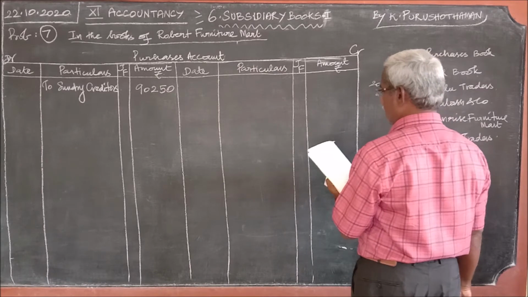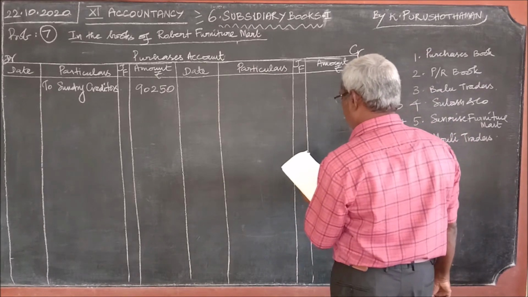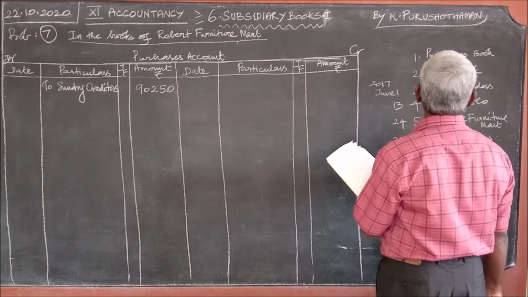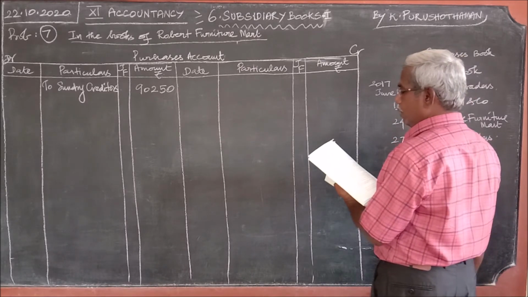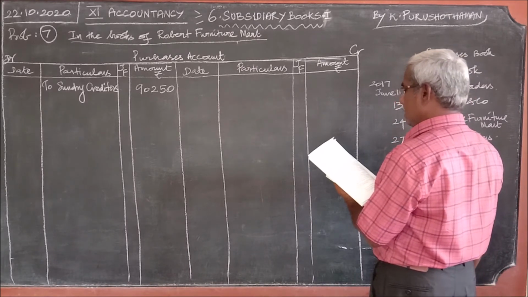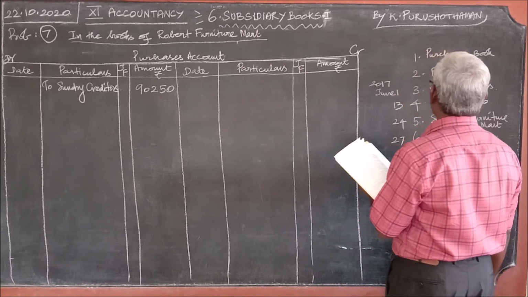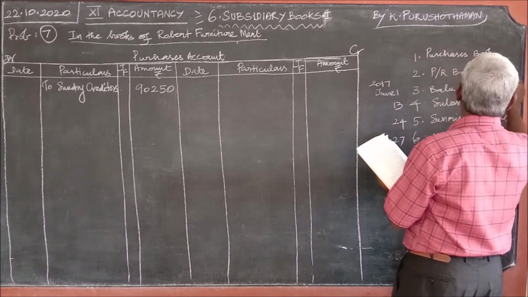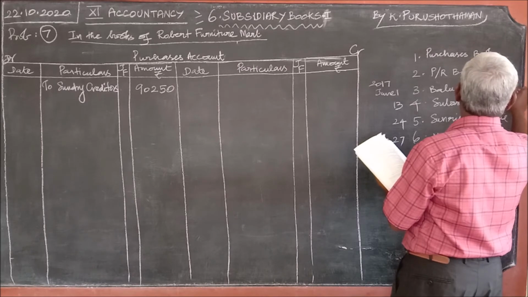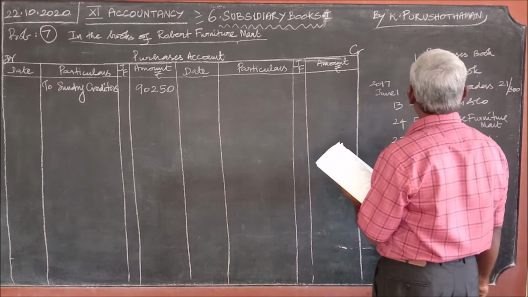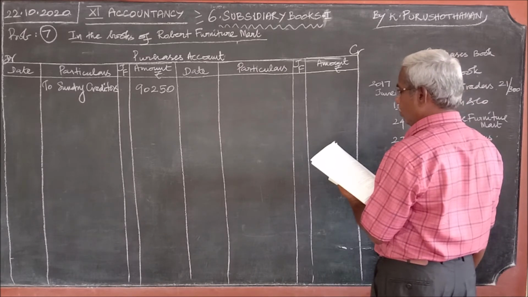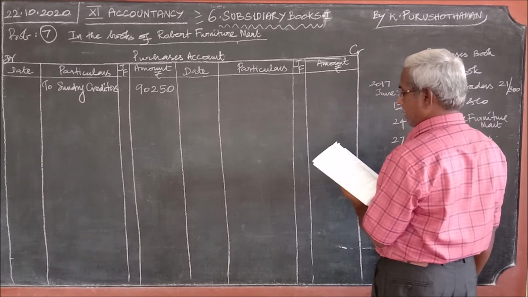In addition to that, there was a return of rupees 300 for Balu Traders. On what date, you know? This is on 21st, 300 was returned. Amount of 300 valued goods returned.